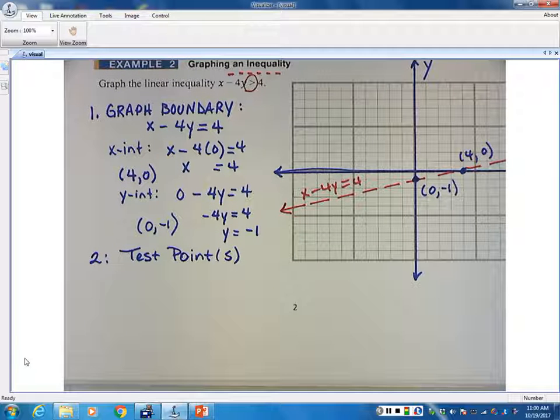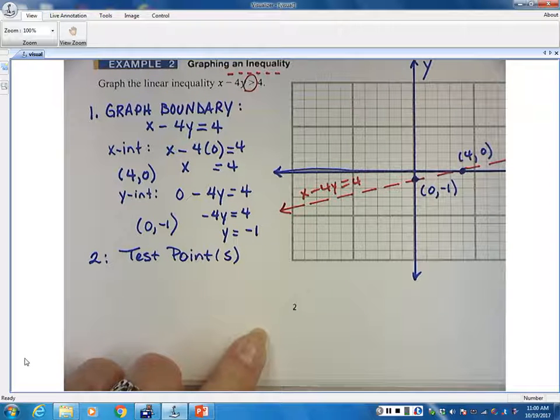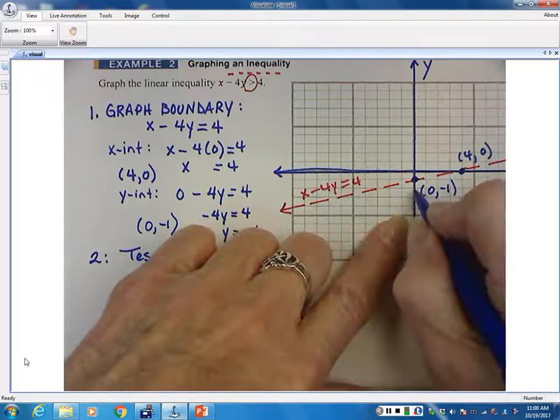So we're going to choose a point on either side. Somebody choose me a point from down here. 0, -2. Okay, 0, -2.